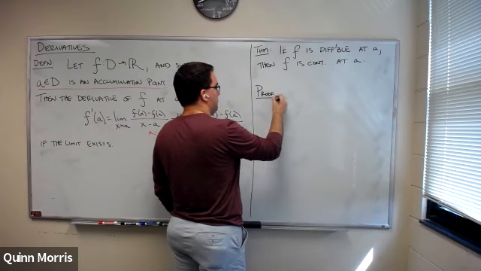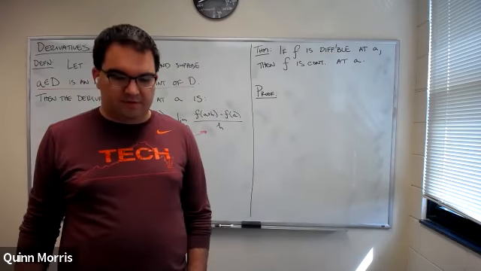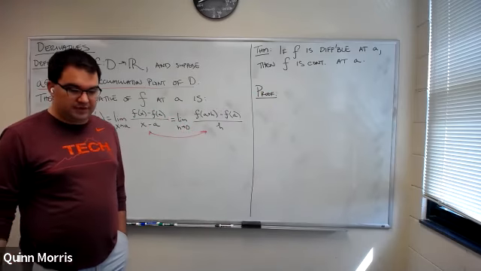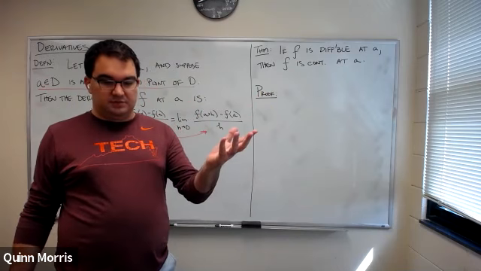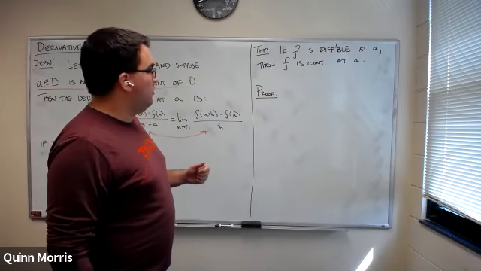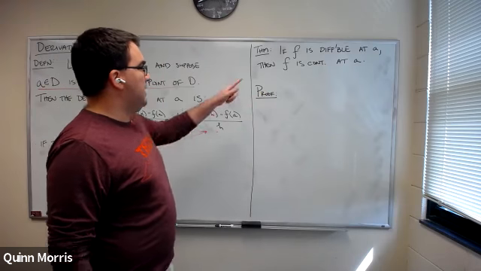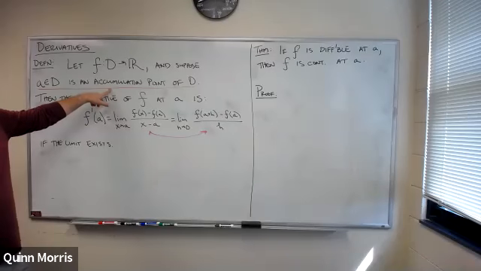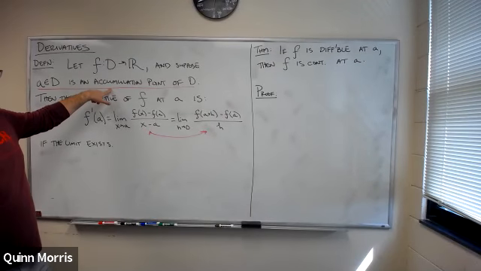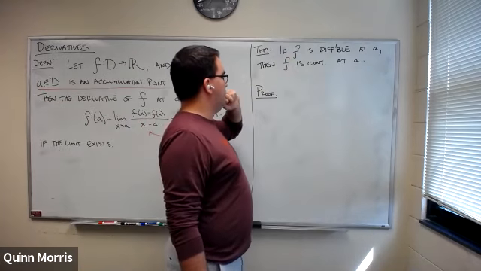Well, my goal is to conclude that my function is continuous. Remember, in our definition of continuity, there were two different things: one, if a was an accumulation point of the domain, and the other, if a was an isolated point of the domain. Since f is differentiable, that automatically tells me that a is an accumulation point of the domain.